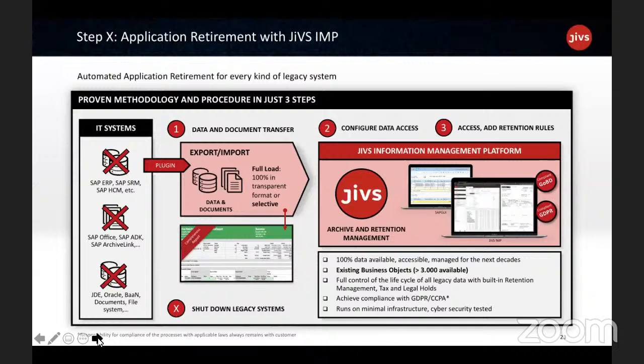In the case of SAP, maybe based on transaction codes and so forth. And then you can, of course, work on access and retention rules. JiVS IMP offers tax and legal hold, for example, as a standard functionality, purging, deleting, all these things are standard functionalities, and it can also be used for data lifecycle management at the end of the day.